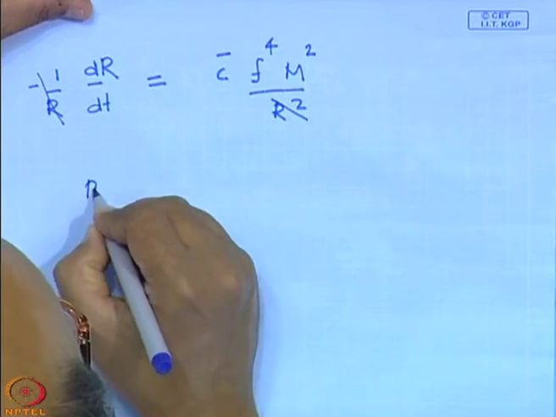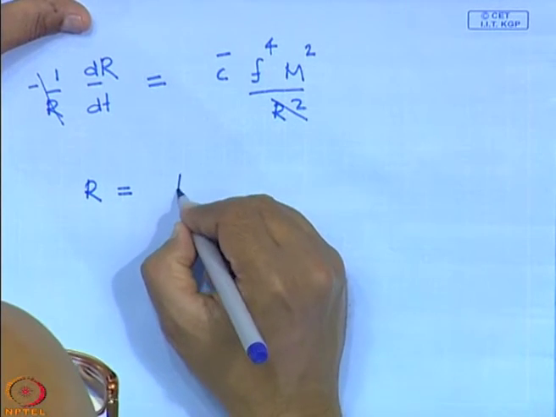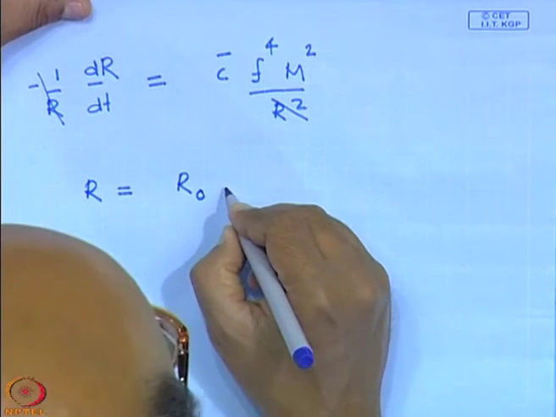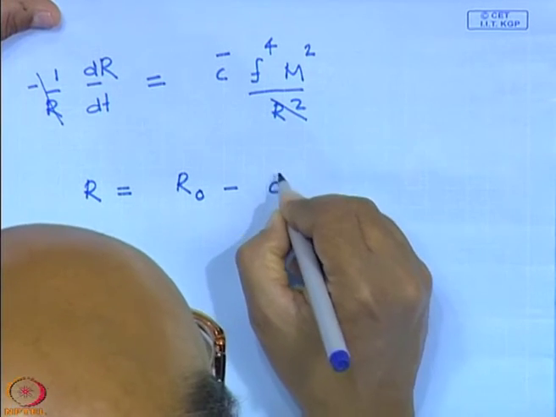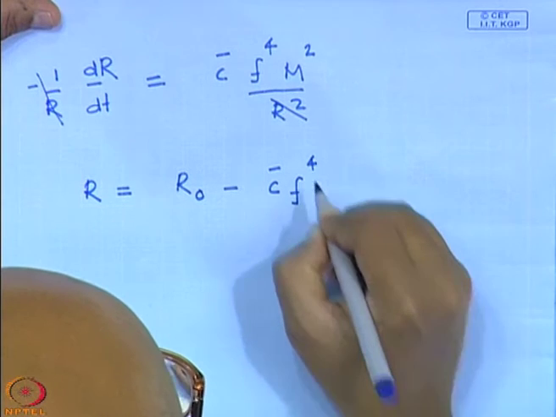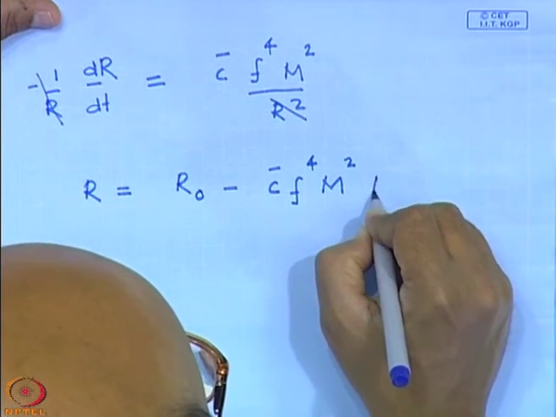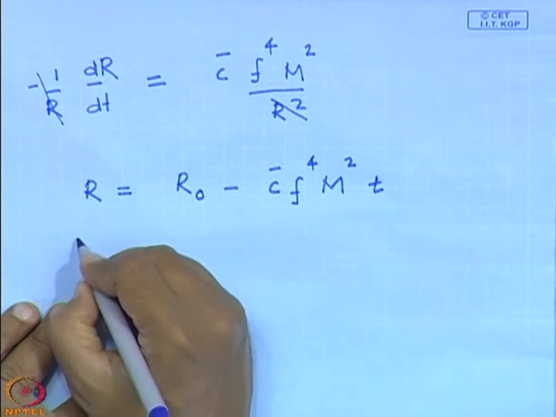So, r is equal to r naught, which is the starting value of the radius, minus c bar f to the power 4 m square into t.